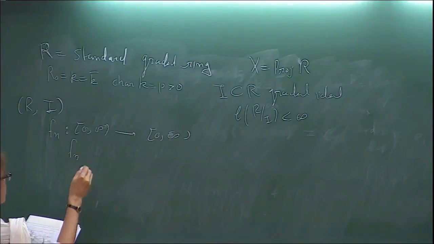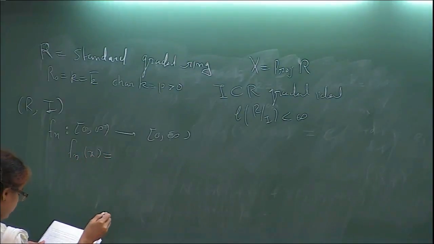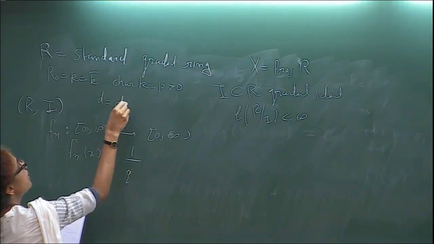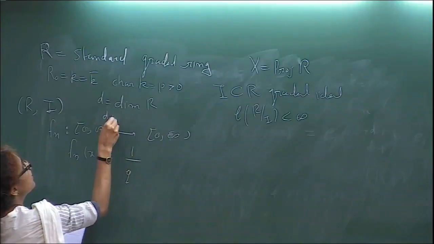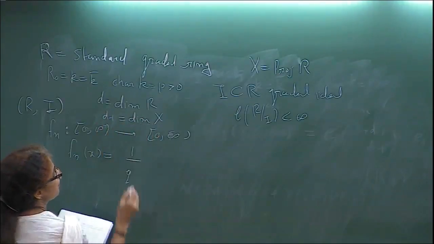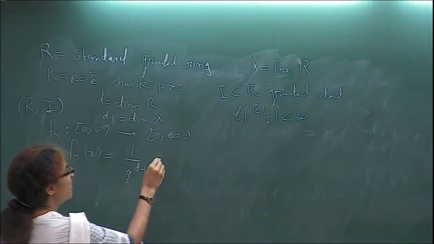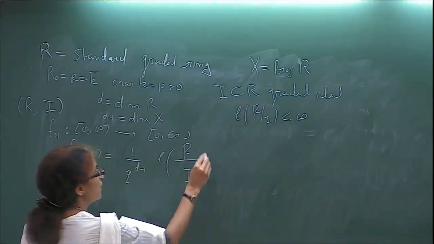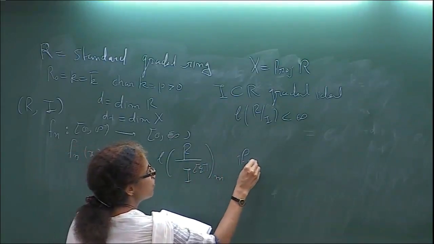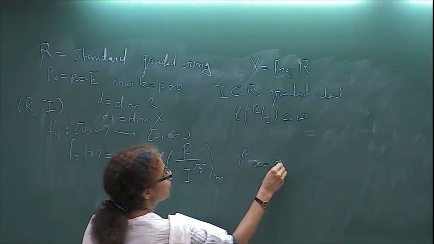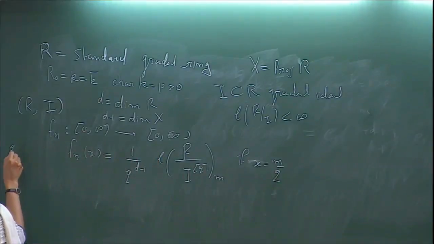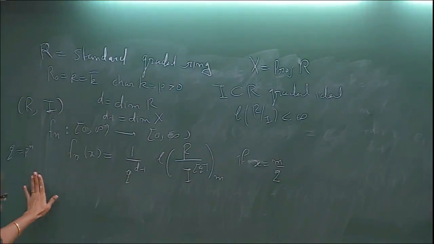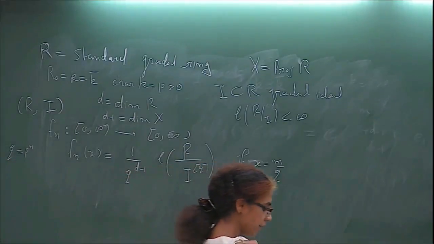Fn of x is defined to be 1 upon q to the d minus 1, where d is the dimension of your ring, so d minus 1 is the dimension of X, times the length of R mod I^[q] in degree m, if x equals m over q. So remember your q is P^n. Now it's better to explain the picture.